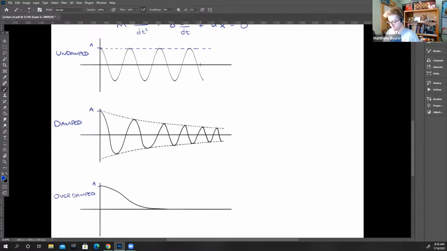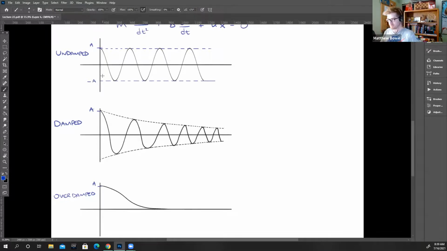Here we go. And it's the same on the bottom.